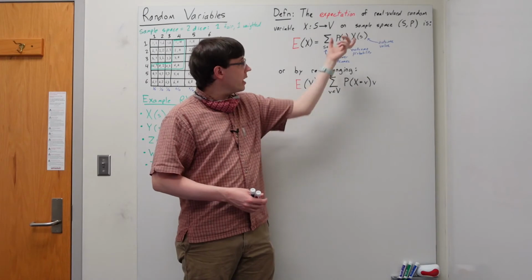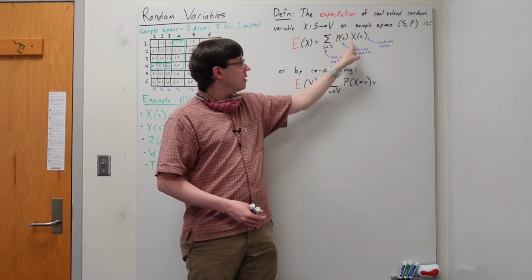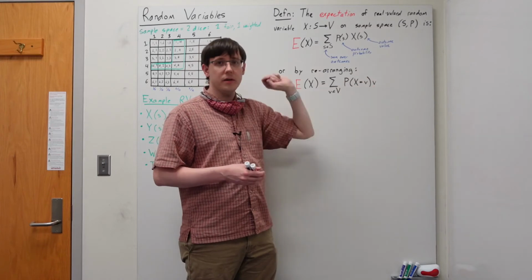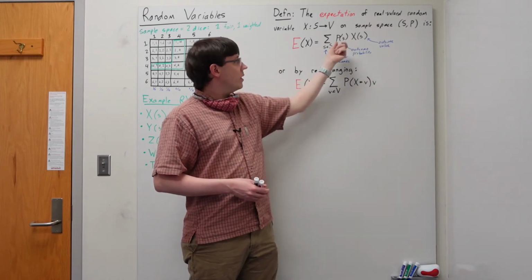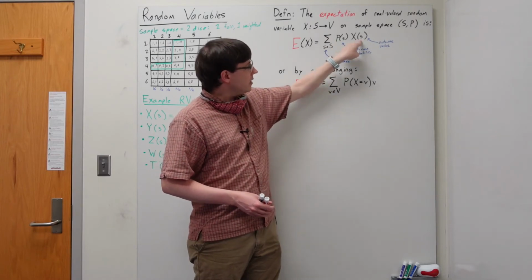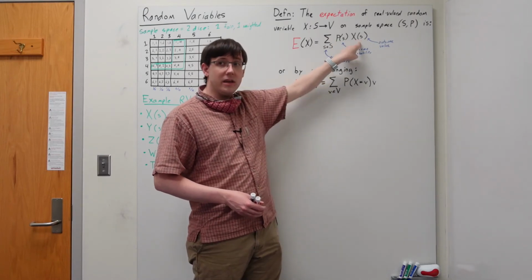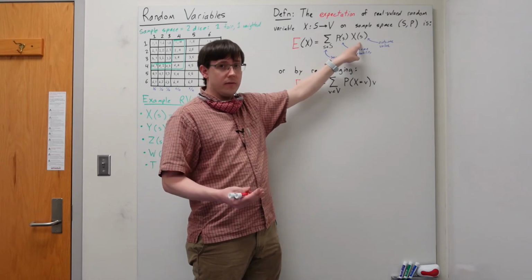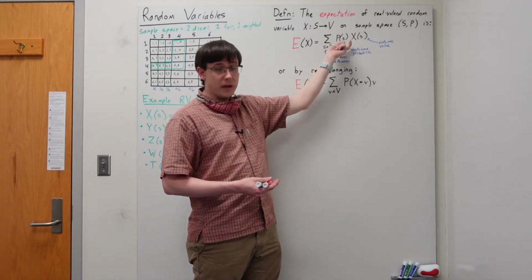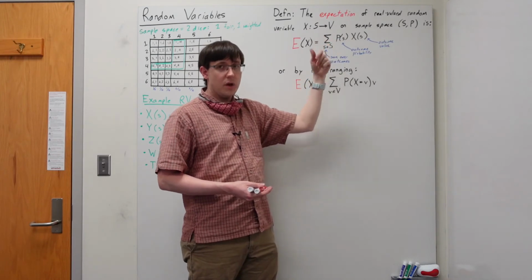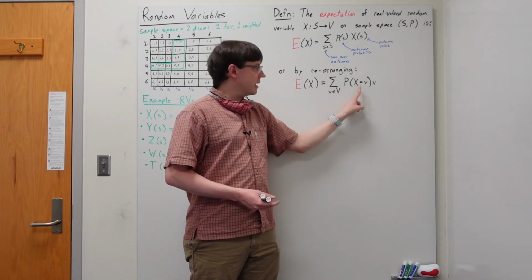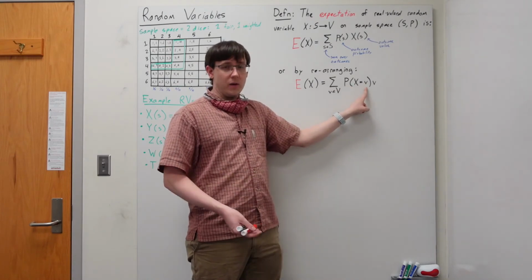If we gather together in this sum all of the outcomes that have the particular value little v, then when we add those up, we will have little v as the variable's value for all of them, multiplied by the sum of the probability for all of those outcomes, which is the probability of the event that x takes on this value.